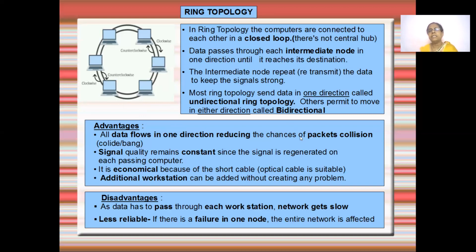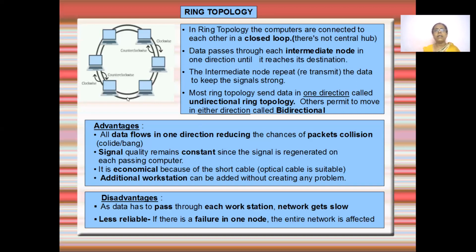The messages are basically sent in small packets, so that's easy to transfer the information. Signal quality remains constant because it's passing through each node. It's very economical because it's a very short cable. And in this type of topology, optical cables are very suitable.